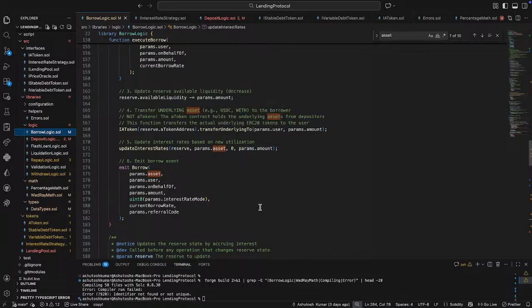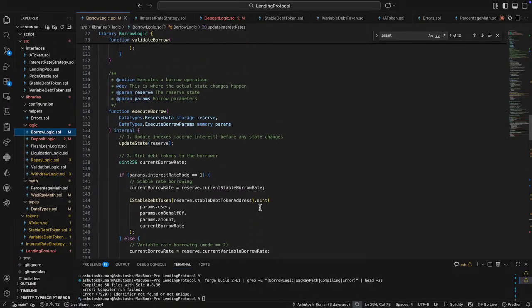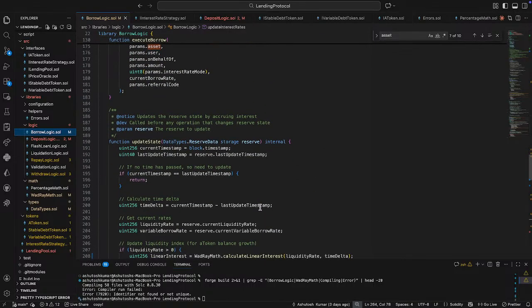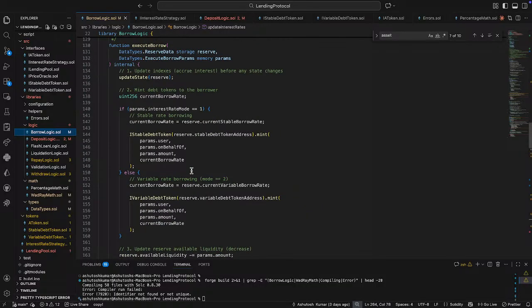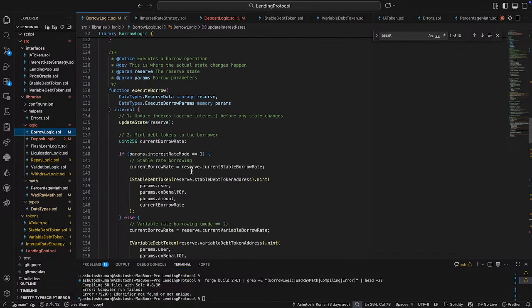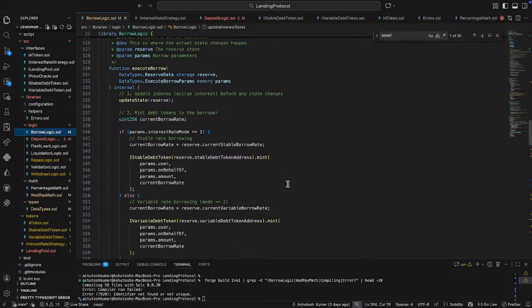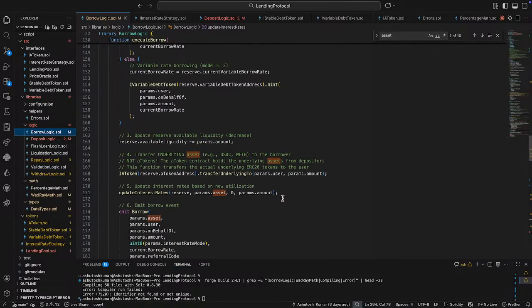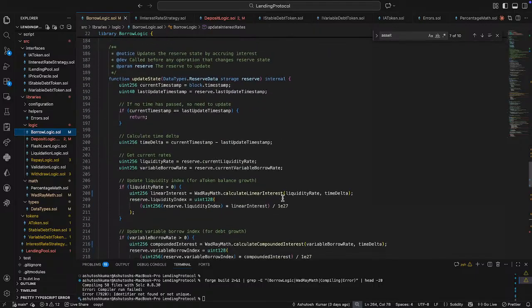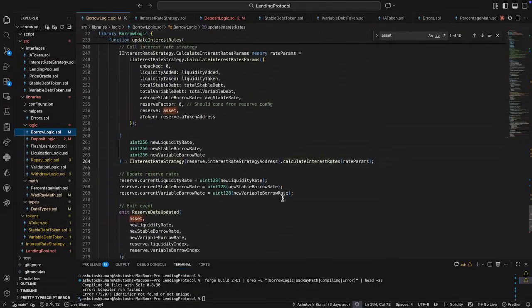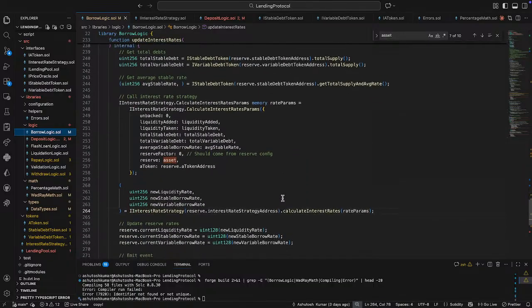So we are actually getting the asset from... you need to also verify if params dot asset is in the reserve. You need to create a storage logic as a file, a contract separately, or you can use that in the lending pool. Mm-hmm.